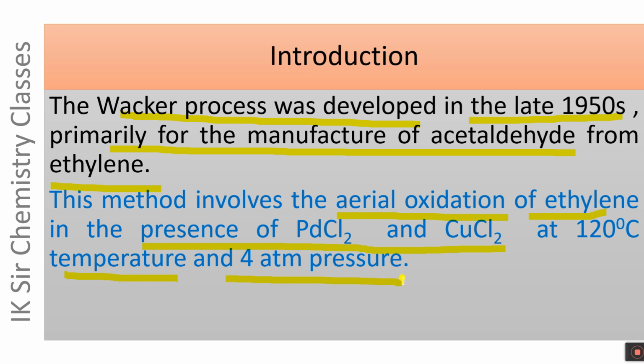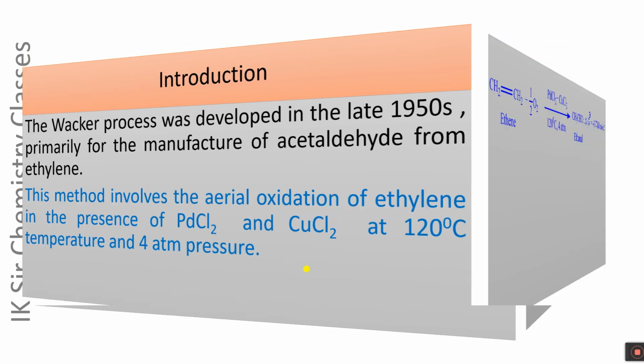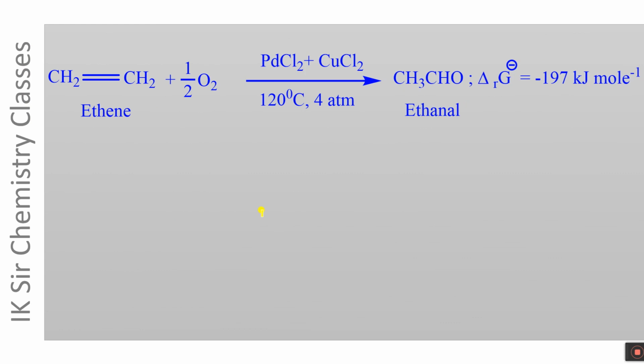It must be noted that the Wacker process involves the aerial oxidation of ethylene in the presence of PdCl2 and CuCl2 catalysts at 120 degree centigrade and 4 atm pressure. The reaction involved in the Wacker process is as follows.